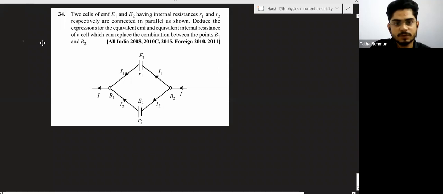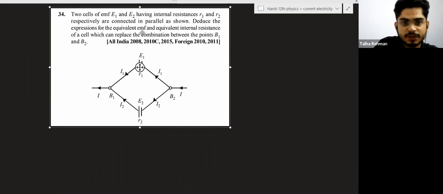Just see, they are saying two cells of EMF E1 and E2, having internal resistances R1 and R2, are connected in parallel. These cells are connected in parallel, meaning end-to-end connection is parallel connection. Deduce the expression for the equivalent EMF and the equivalent internal resistance.